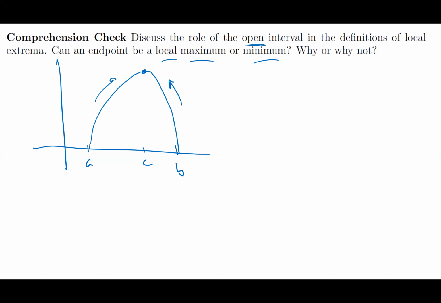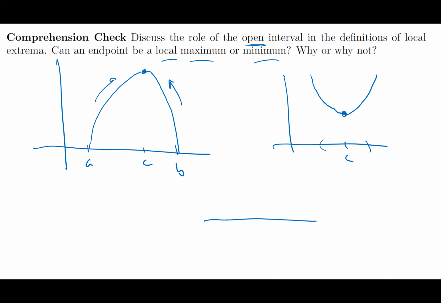If I'm talking about a local minimum, then I need points that are higher on the left, and I also need points higher on the right. That only happens if you have an open interval, okay? So can an endpoint be a local max or min? In other words, could I have this situation?